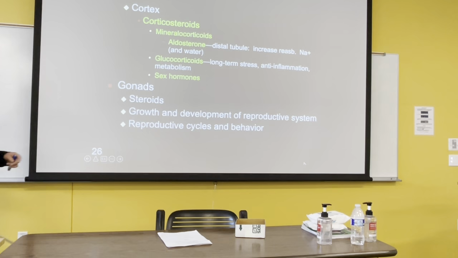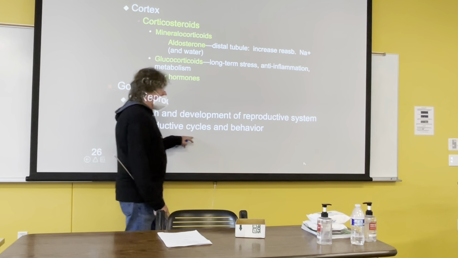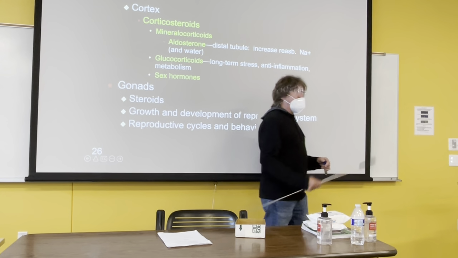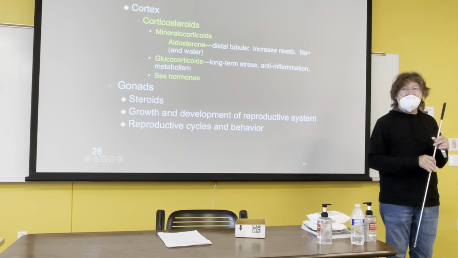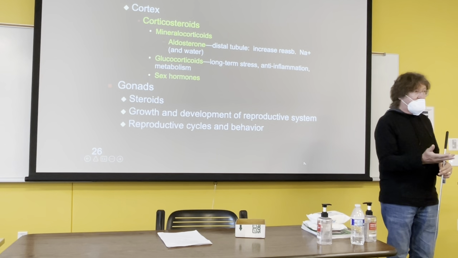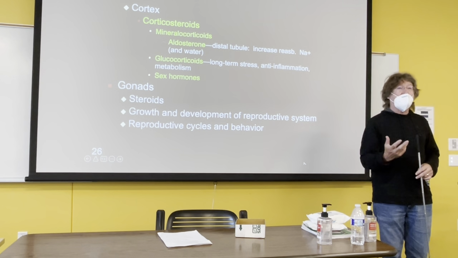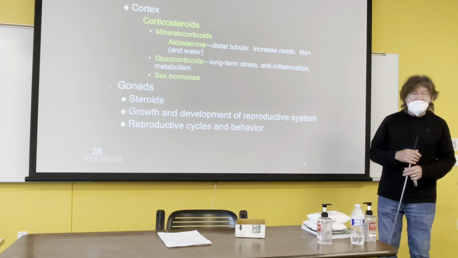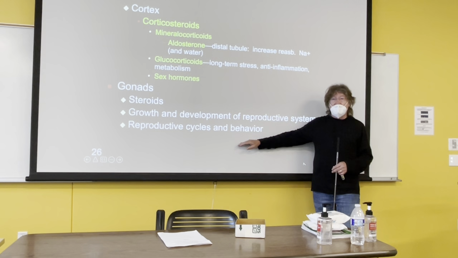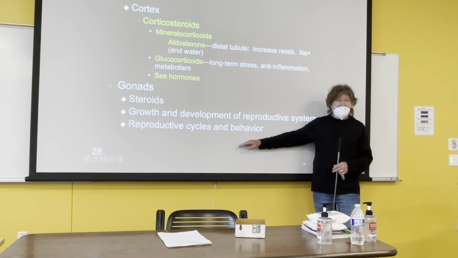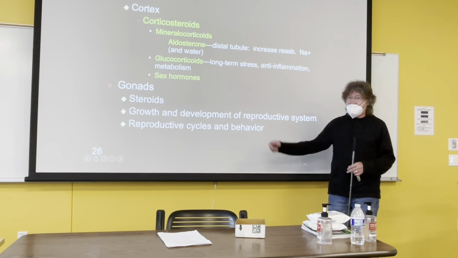Okay, and that does also influence reproductive cycles in most animals. Most animals, unlike humans, are not sexually receptive all year round. They have very specific mating seasons, and these sex hormones are very important for determining when those mating seasons occur. So this is a little bit different from humans.